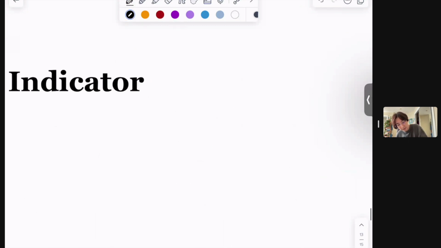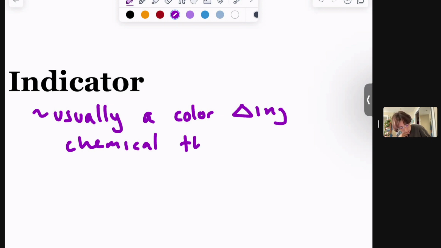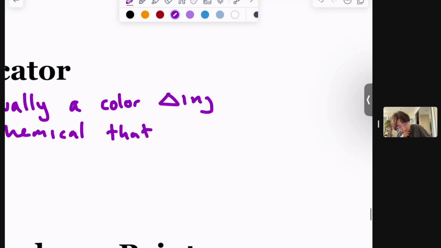So a few different things we need for this to happen. There's usually an indicator. I mentioned this with the pH thing, very similar. Some kind of chemical that can change color. And we will purposely choose one that changes color at the point where the reaction is done.